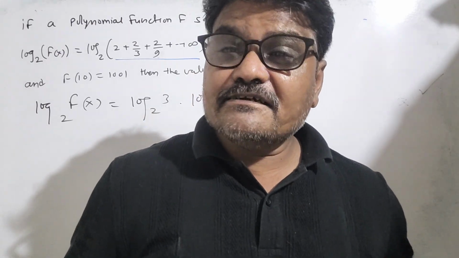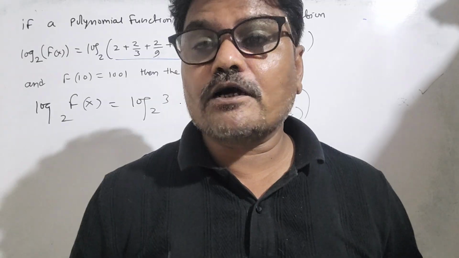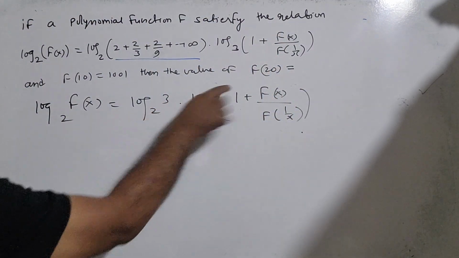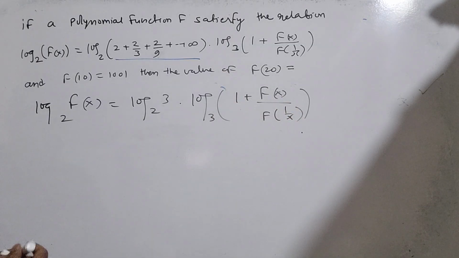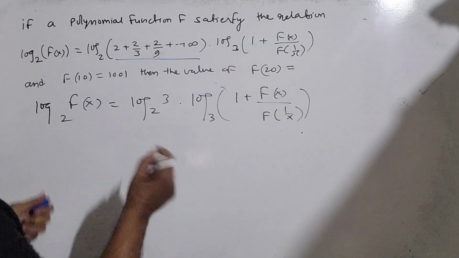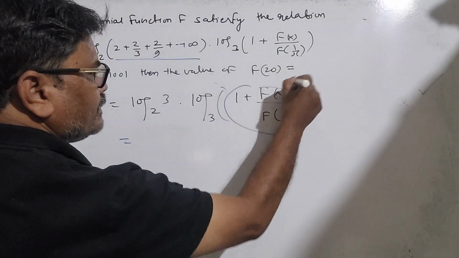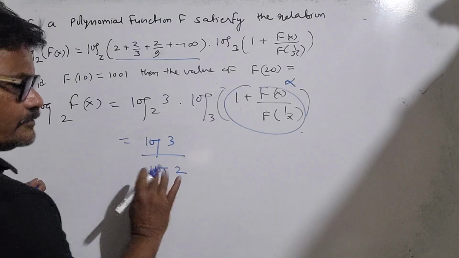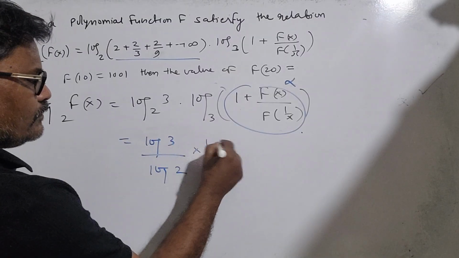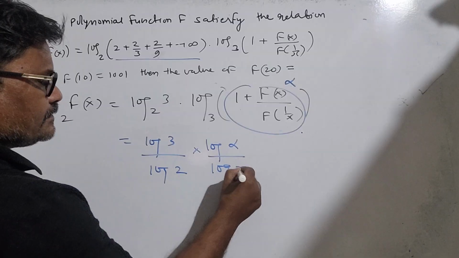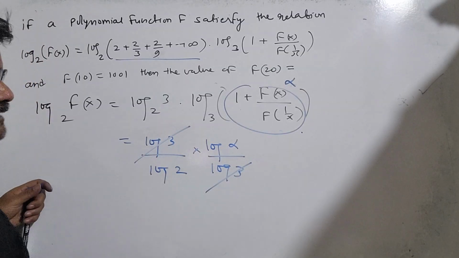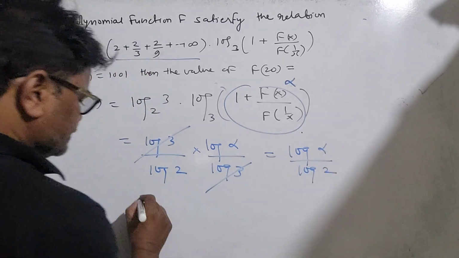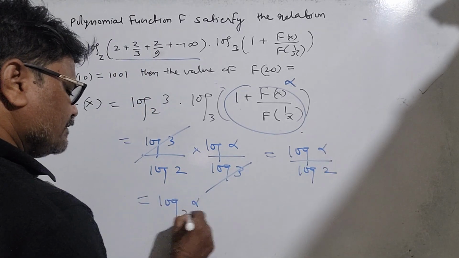Correct? Now here we will use the properties of logarithm. See, this is log of 3 to the base 2, and this is log of this to the base 3. Therefore I can use the base change formula. Suppose this is alpha. So I can write log of 3 divided by log of 2 into log of alpha divided by log of 3. This log of 3 gets cancelled out. We are having log of alpha by log 2, and this again we can write as log of alpha to the base 2.